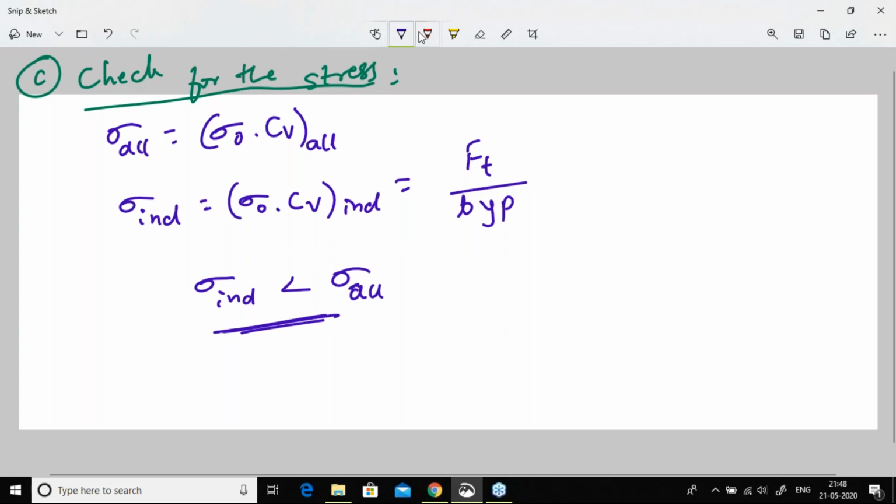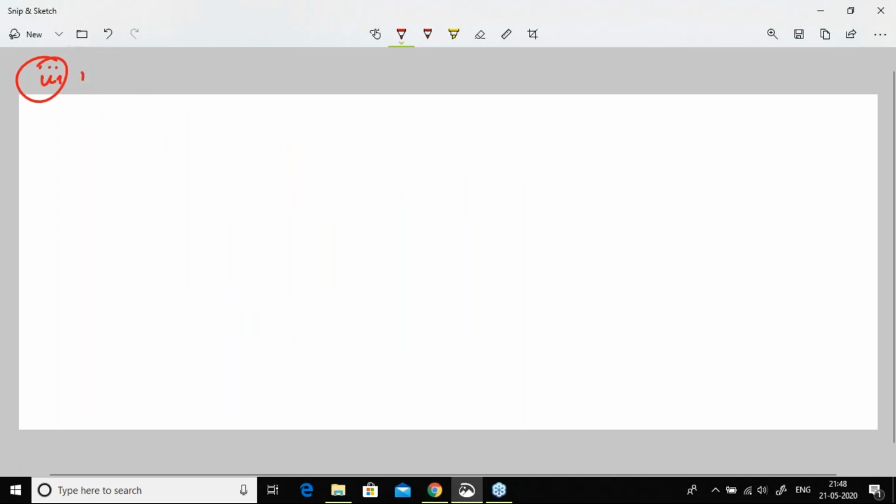So moving to the third main step, dimensions.